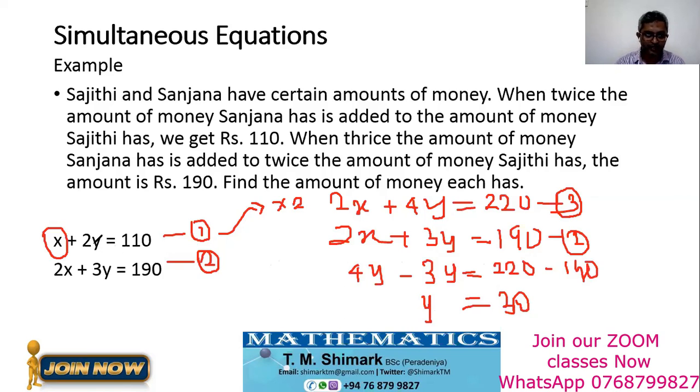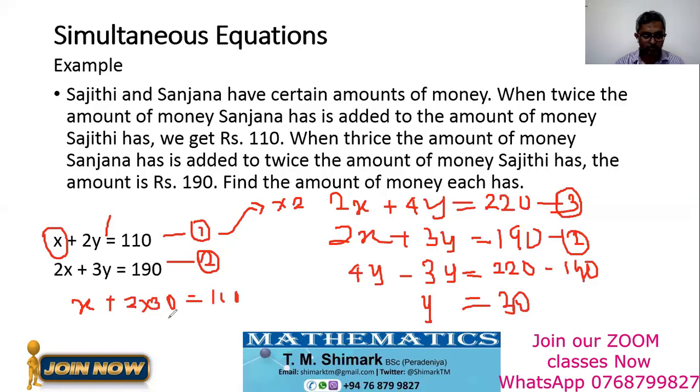I'll take y equals 30 into the first equation: x plus 2 into 30, equals 110.